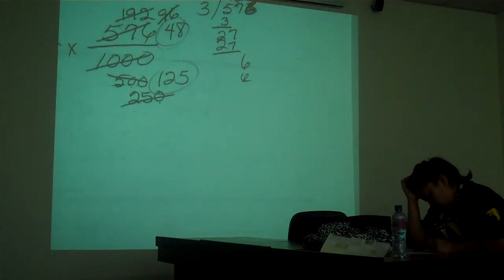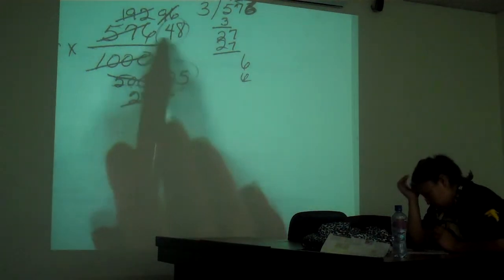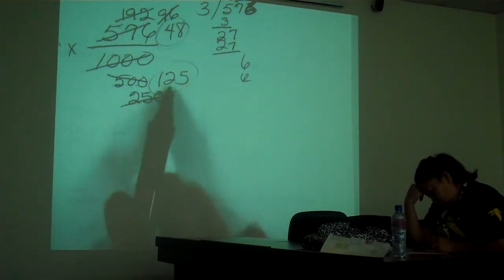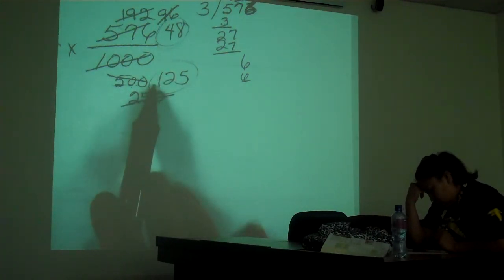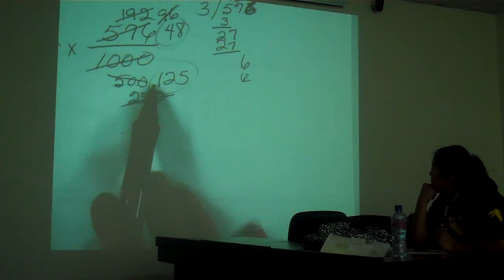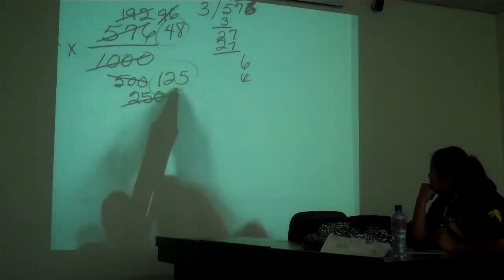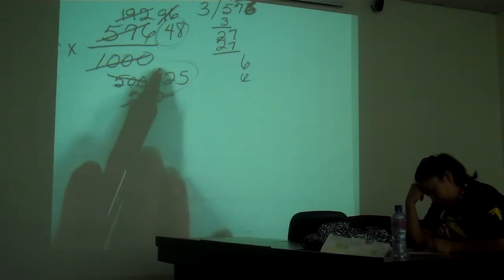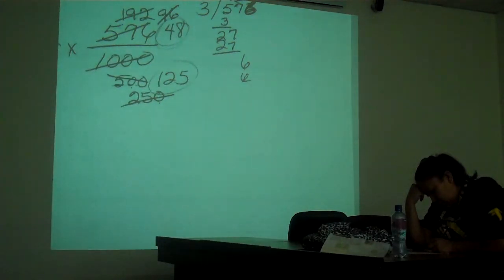Now they're not even anymore. 2 won't go. 3 would go into this, it adds up to 12. Will 3 go into this? 5, 6, 7, 8. 3 won't go into 8. 4 would go into that, but 4 will not go into this. The last 2 digits won't divide by 4. 5 won't. Okay. I think we're done.